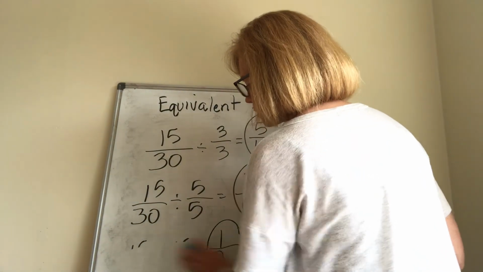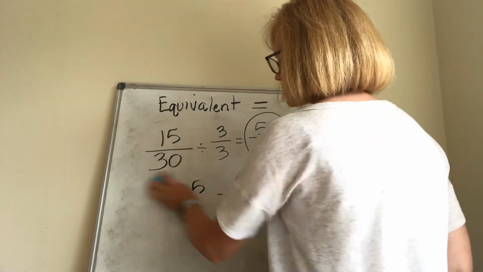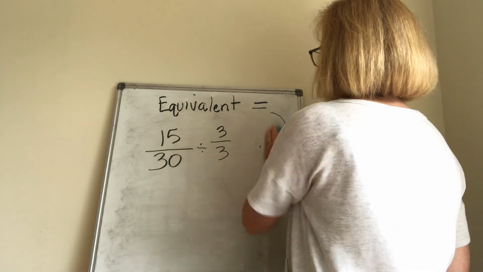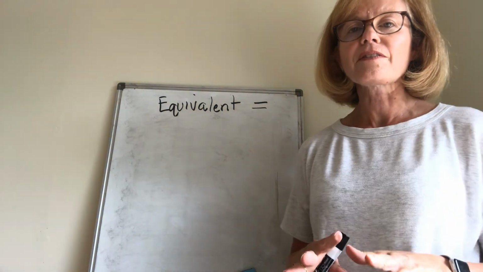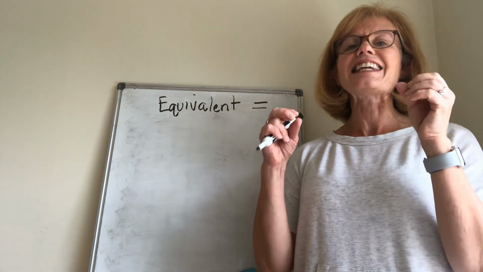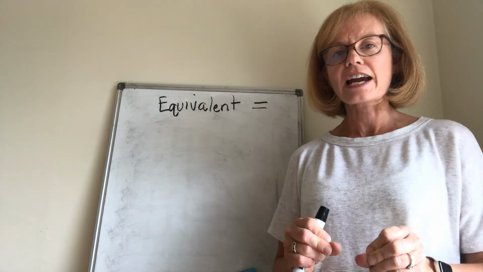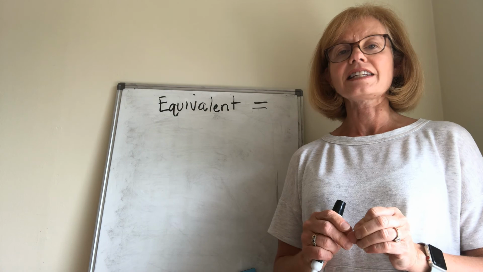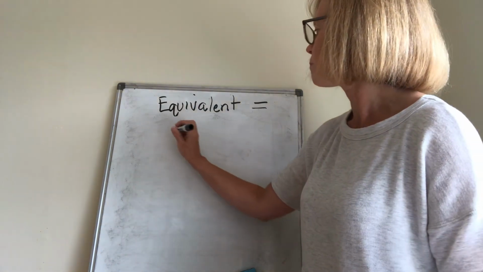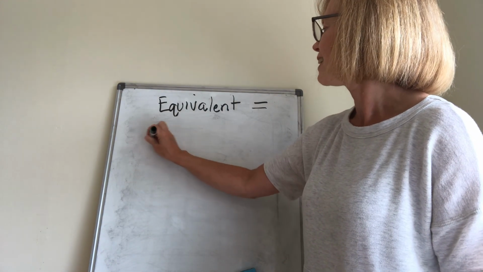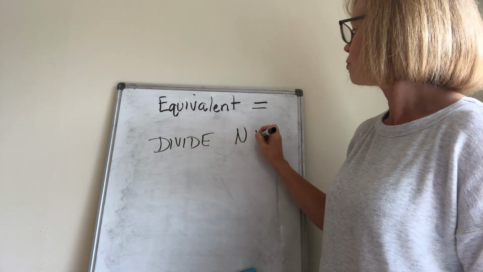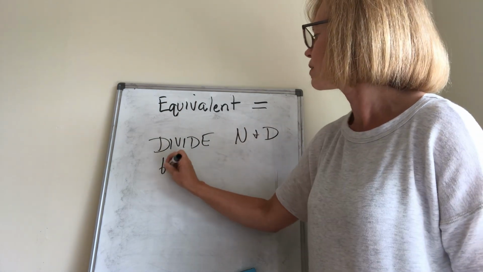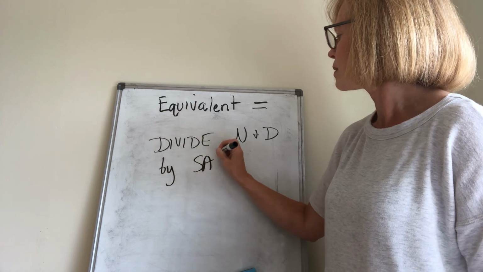All right, I'm hoping you were able to find some ways to simplify that fraction. So again, when we are simplifying fractions, we are finding the equivalent fraction, or just using a division. But remember, we've got to divide both the numerator and denominator by the same number.